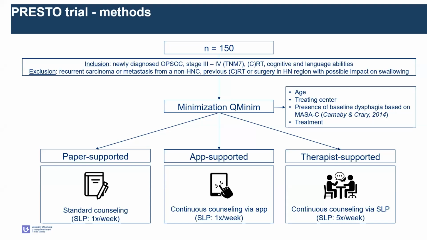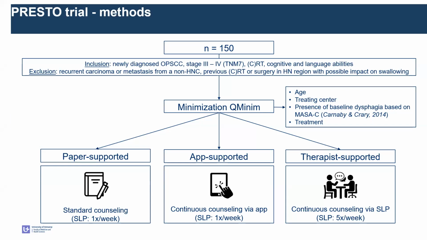So what we did in this study is we compared a group of patients that practiced at home with a paper-supported diary, versus a group that worked with an app that was specifically developed for this project, and then a therapist supported group.